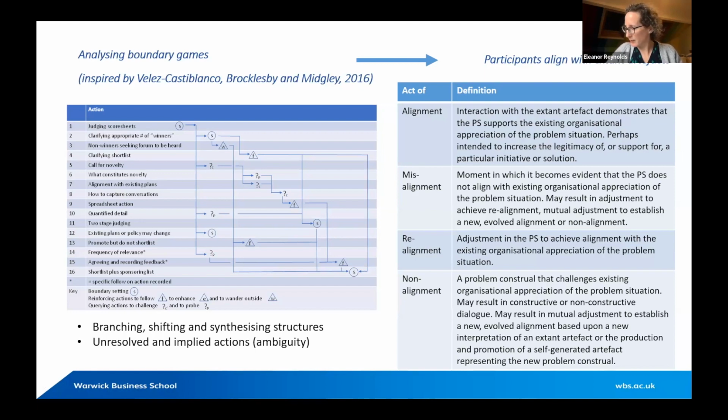So people were aligning with the artifacts or realigning if they'd realised that what they were proposing was slightly out of kilter with the stated strategic objectives for the organisation. There were also instances in which there was misalignment or non-alignment, that members of the group actually disagreed with the status quo and wished to change that.